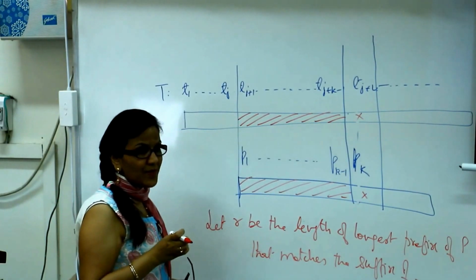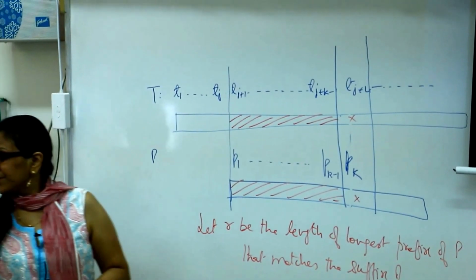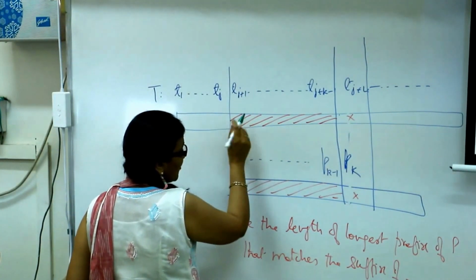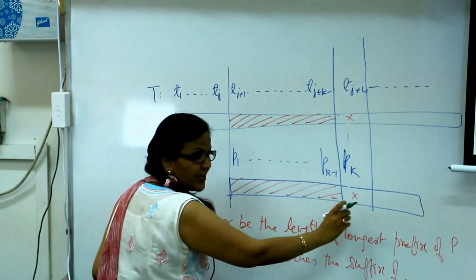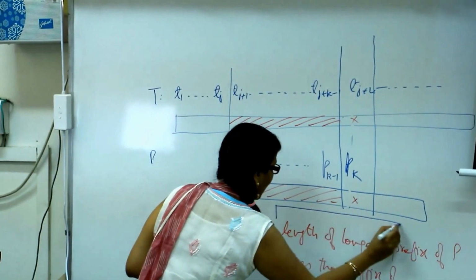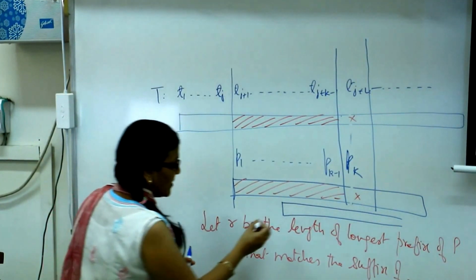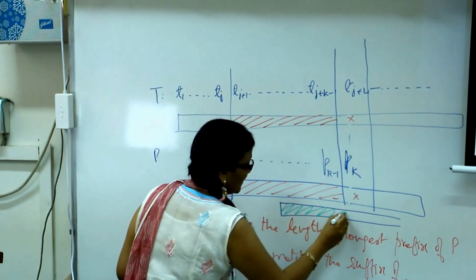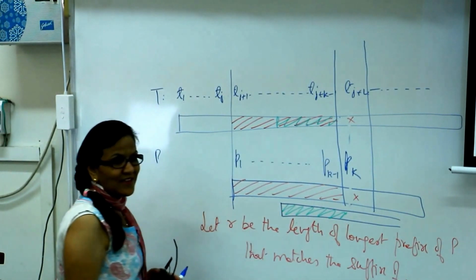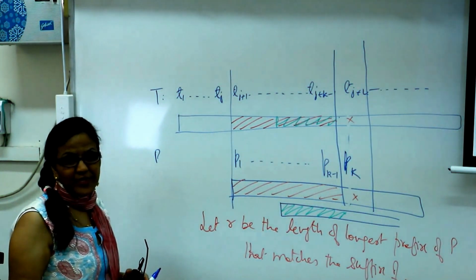Now I would like to shift as much as possible so that, when I shift, this part is going to get shifted, right? So I want to shift my pattern so that this part of my pattern aligns with this part of the text, right?